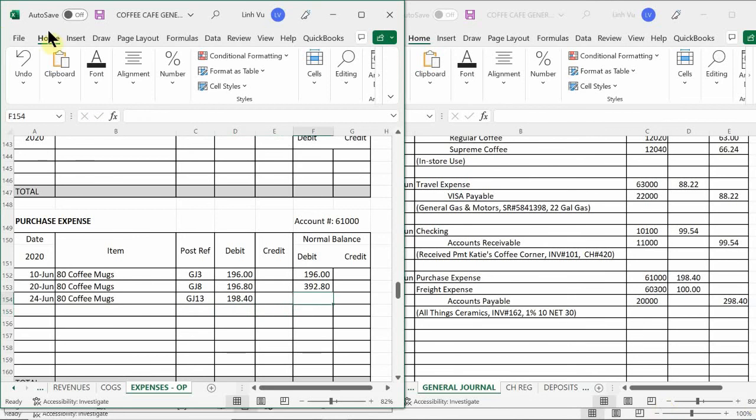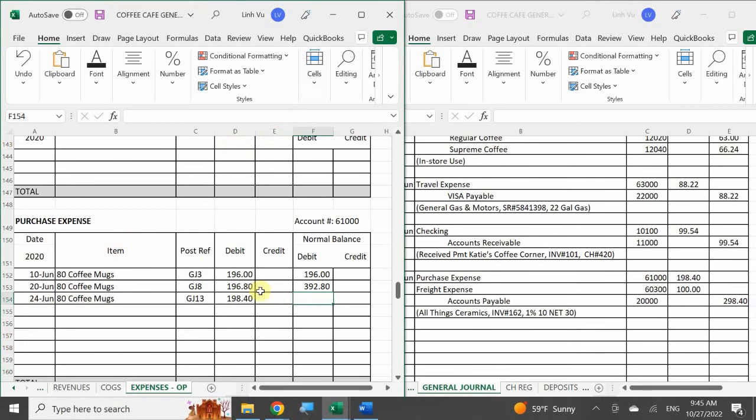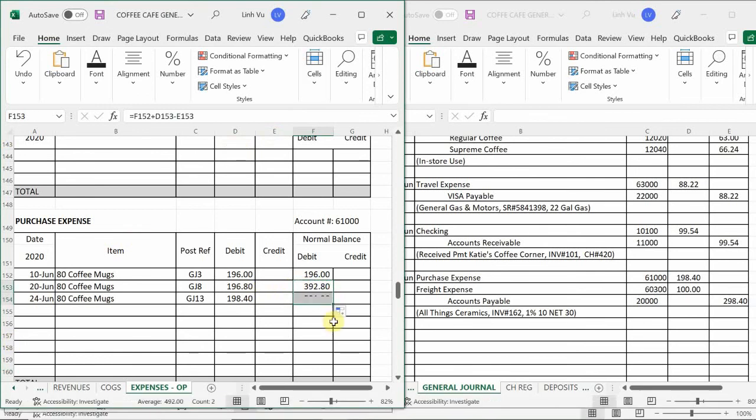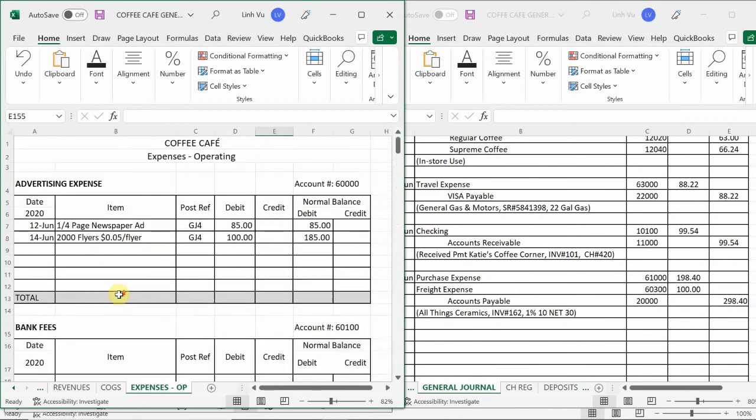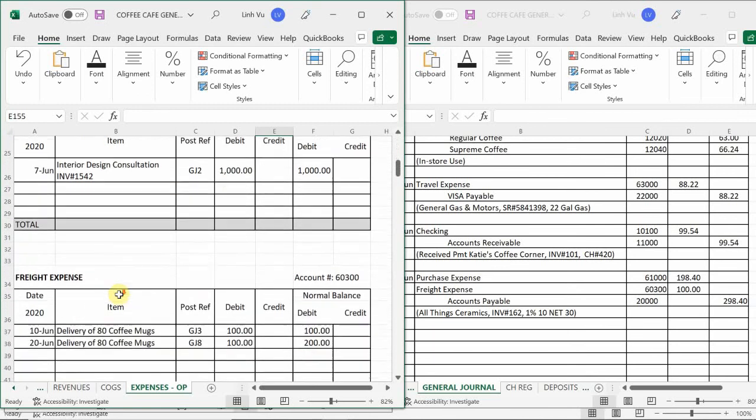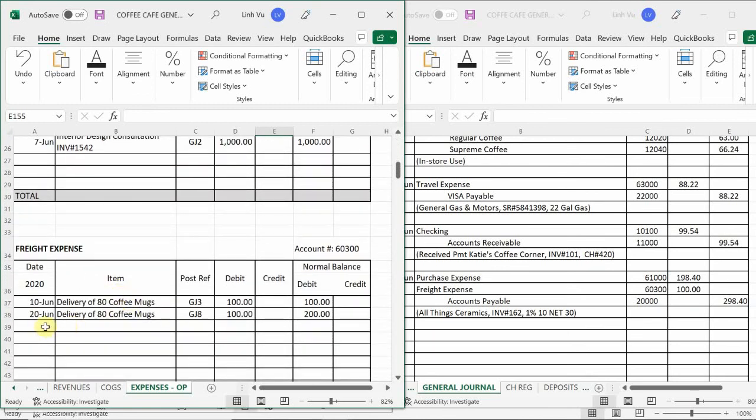And that would be 591.20. Good. And we're going to go to freight expense, and it's going to be $300.